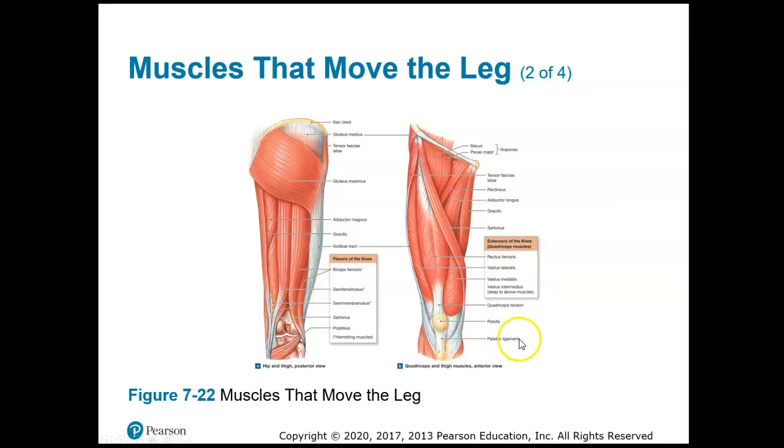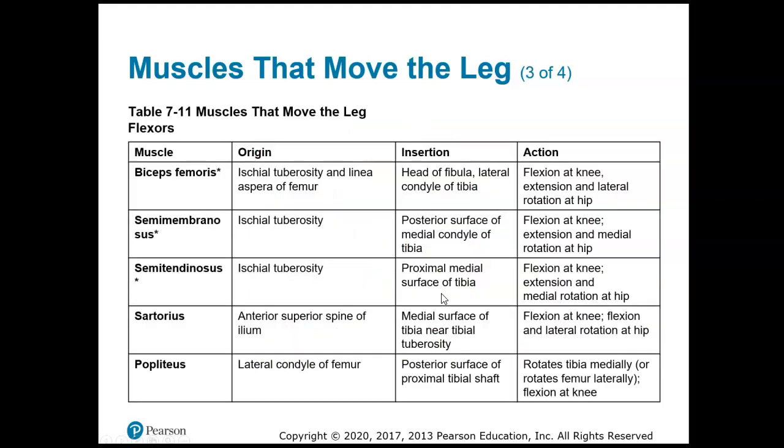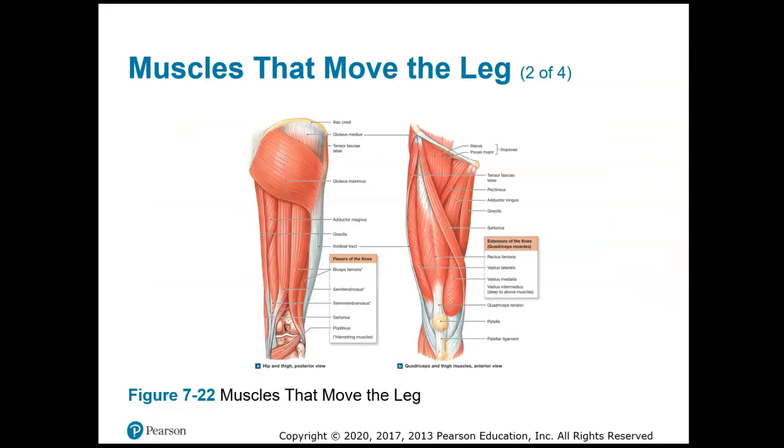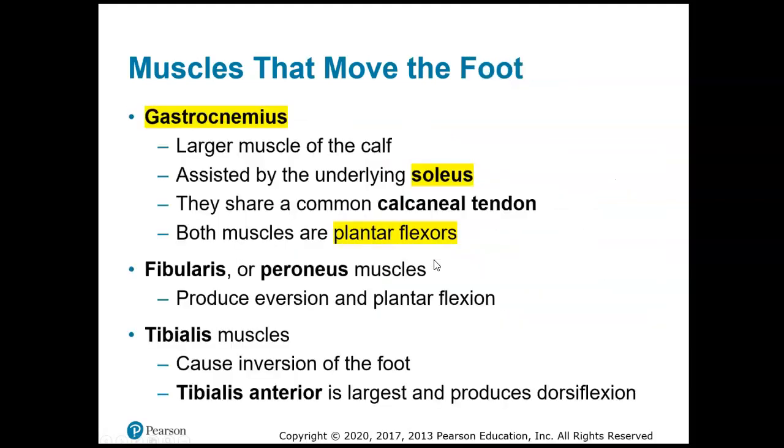And then the quadriceps would be the rectus femoris, vastus lateralis, vastus medialis, and I don't see a deep view where you can see the vastus intermedius, but it's in there. It's kind of underneath the rectus femoris.